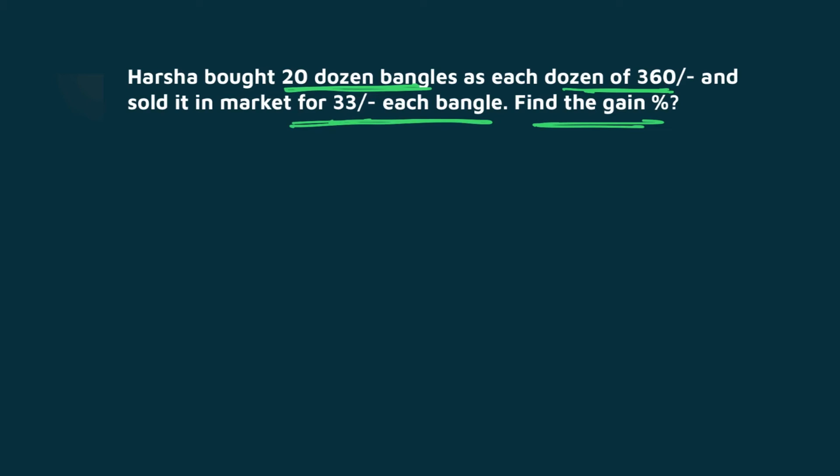She sold each bangle for 33 rupees, which means a dozen bangles she sold for 396 rupees. So this is the selling price of 1 dozen bangles, and 360 rupees is the cost price of 1 dozen bangles, and obviously you can see there is a difference and it is a gain.